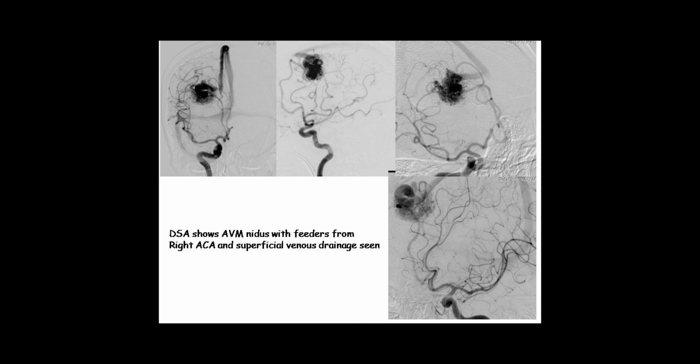Now I'll come to how we treat this by endovascular means. Before that, I should mention that there are three ways of treating brain AVMs. One is embolization, which is called endovascular surgery or endovascular intervention, where you don't need to open the skull. We go through a tiny puncture in the groin artery, reach the brain, and block the AVM by a process called embolization.